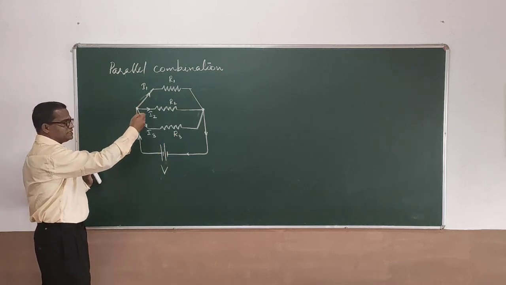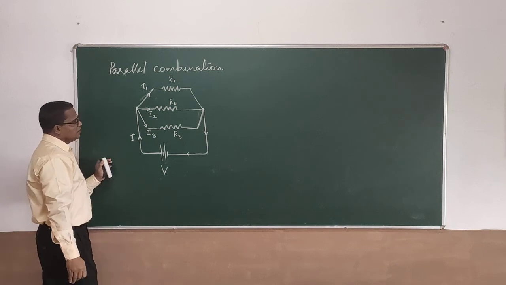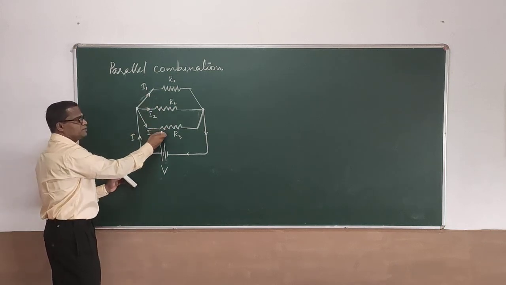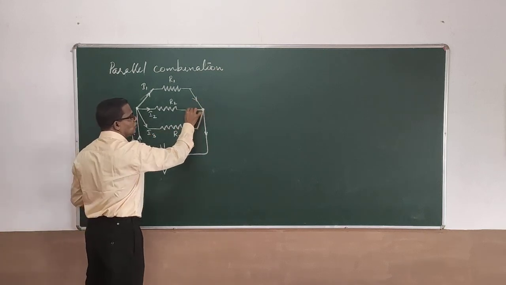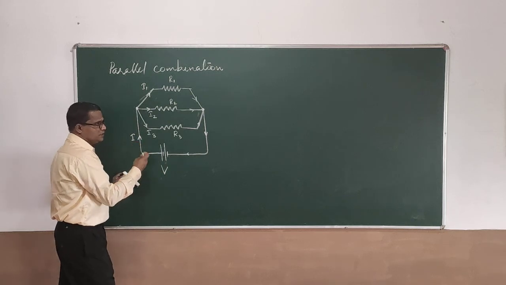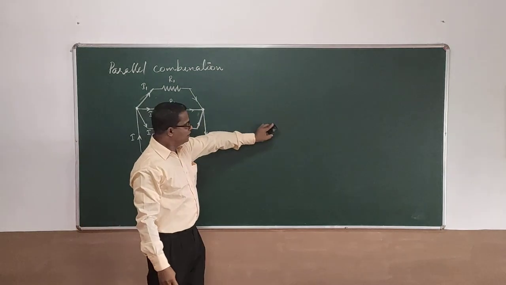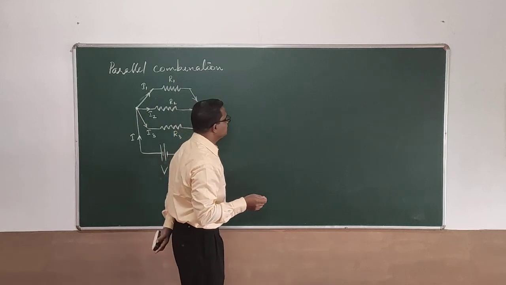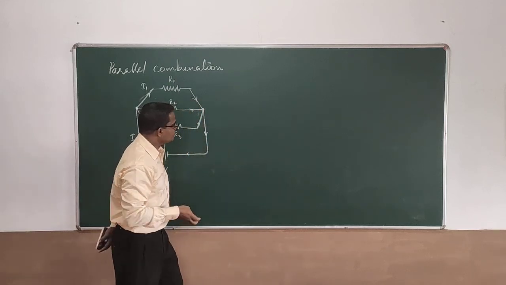Now, to get the effective resistance in this case, we consider the case here, current I reaching over here is splitting up into three and they come over here and combine and flows out. So here we apply the conservation of electric charges.